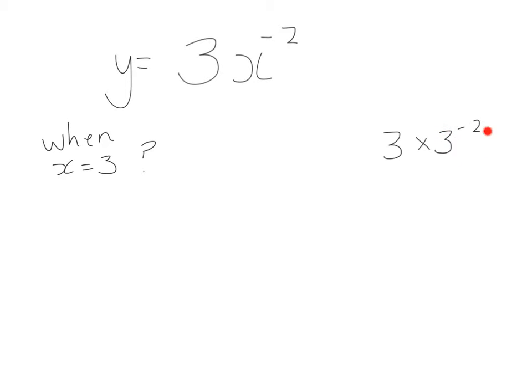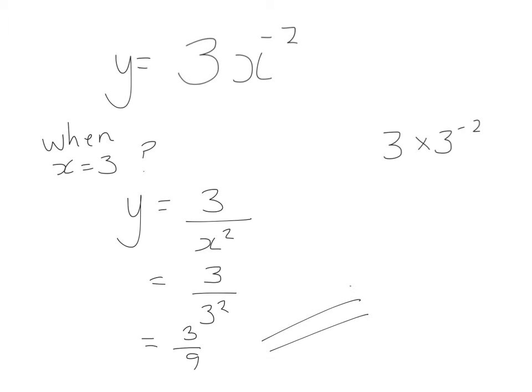I don't know what that is. But if I rewrite my equation as y equals 3 over x squared, I can then substitute in, and I'm working with positive powers. That's going to be 3 over 3 squared, which will be 3 over 9, which can simplify to 1/3. I would have really struggled to get the answer 1/3 from here without a bit of luck. So rewriting your indices that have negative powers with positive powers will help you in the long run.